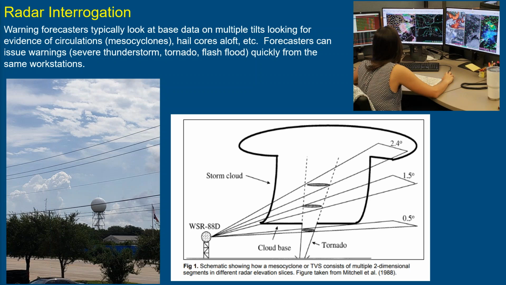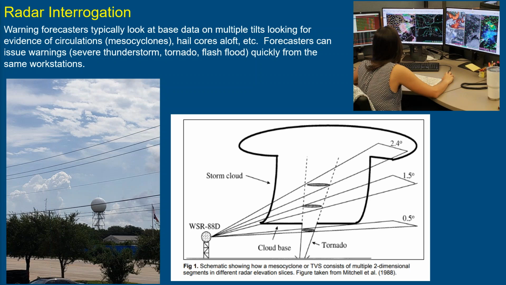We're looking for high reflectivity cores aloft, which may precede large hail events or even downburst winds. And of course, we're looking at precipitation data to highlight areas where we're concerned about flash flooding. So that's basically what's going on. And we've got new data coming in continuously with these volume scans repeating every 4 to 5 minutes.